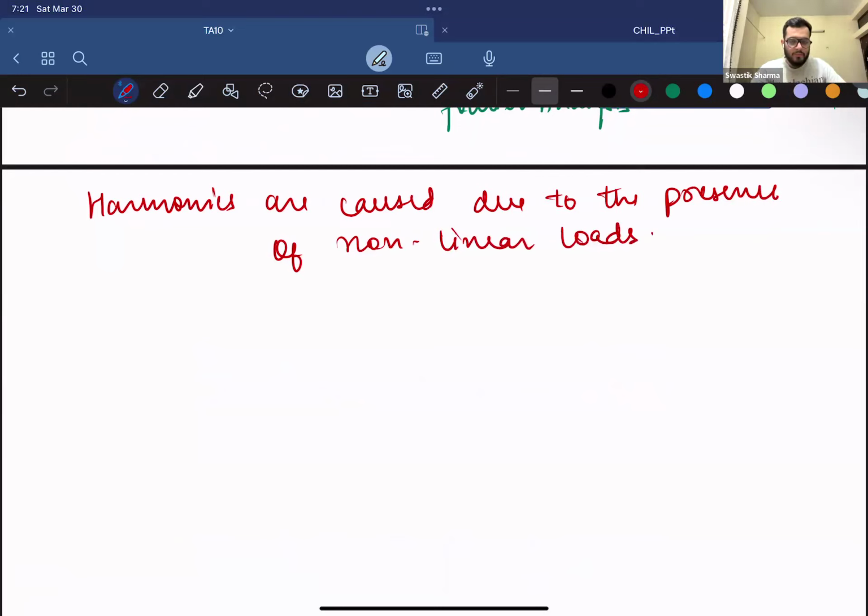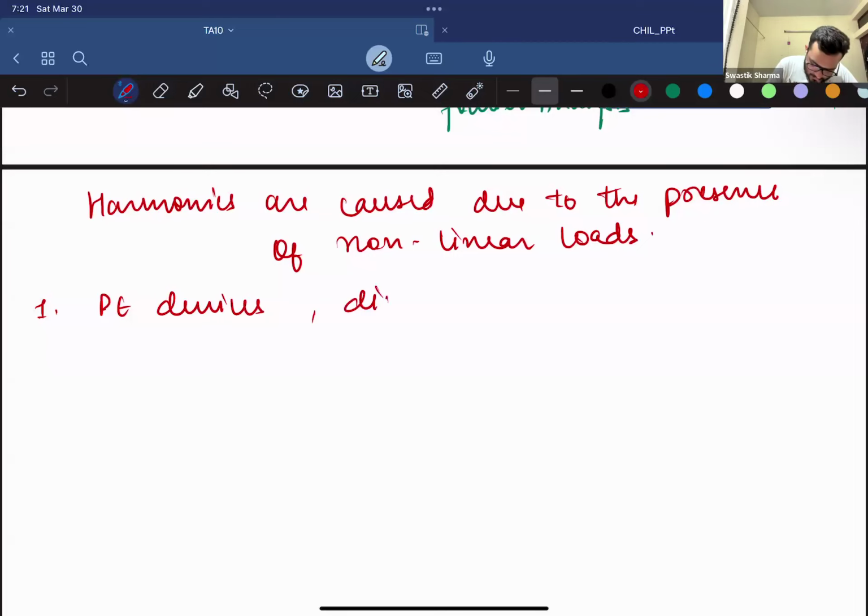So my question to you was, what are nonlinear loads and why are they called nonlinear? So yes, nonlinear loads are basically your power electronic devices.